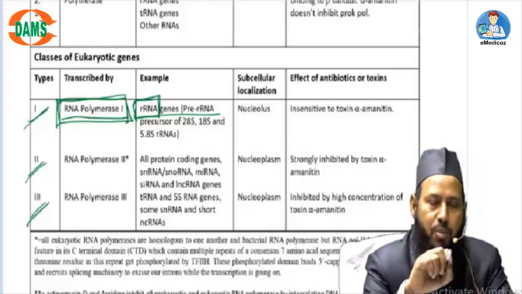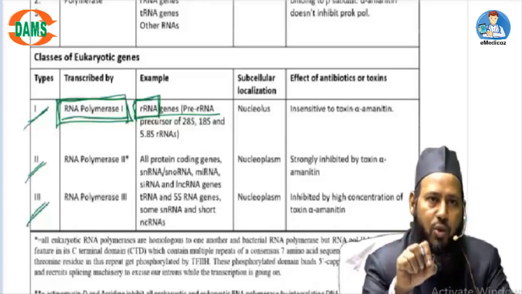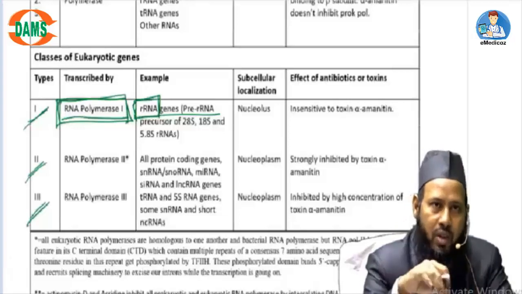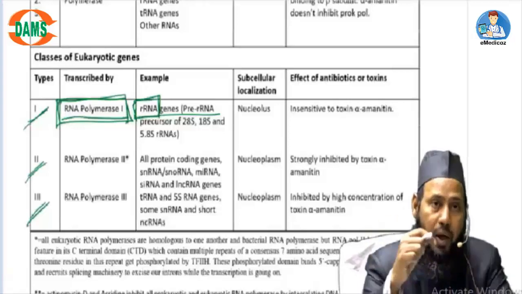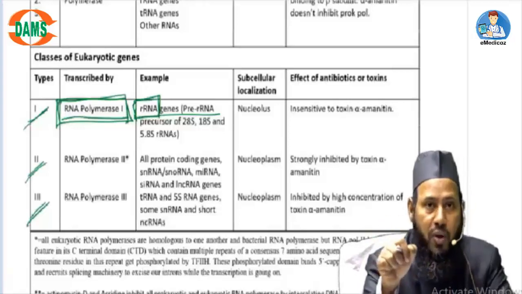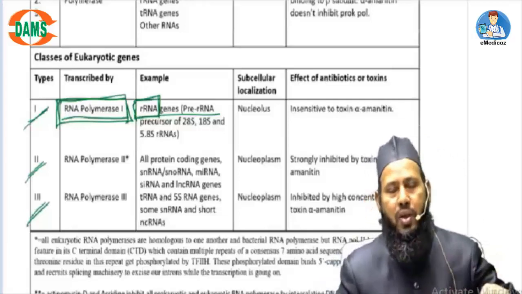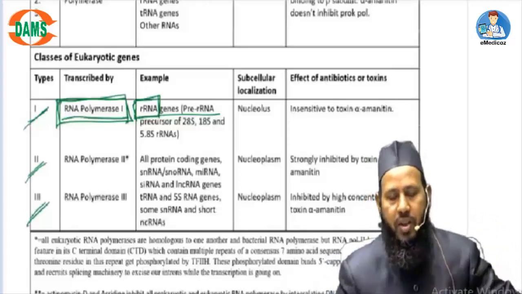If I say the ribosomal RNA genes are transcribed by only RNA polymerase 1, that's a different statement.